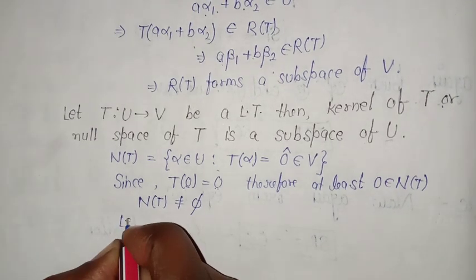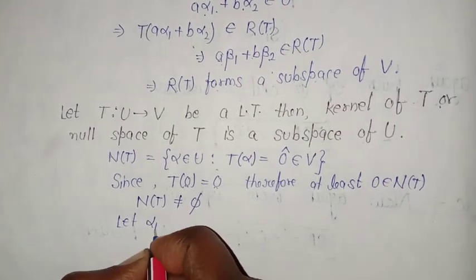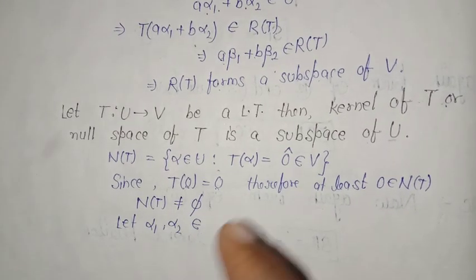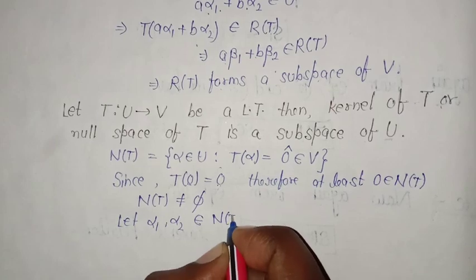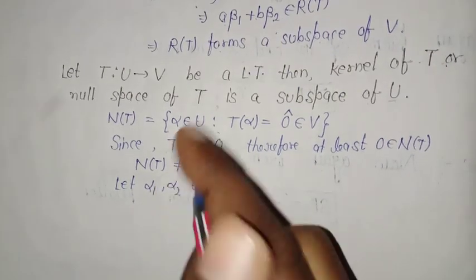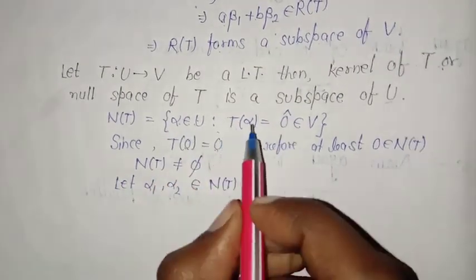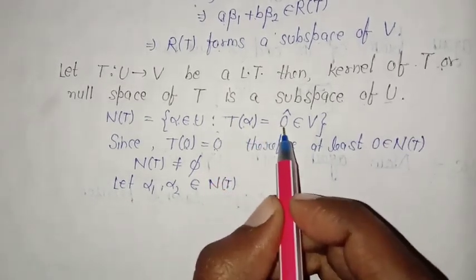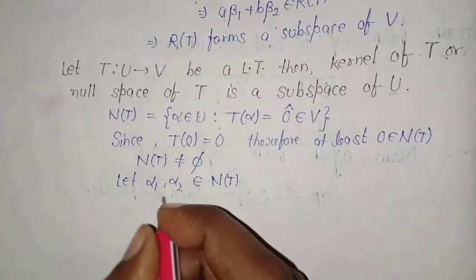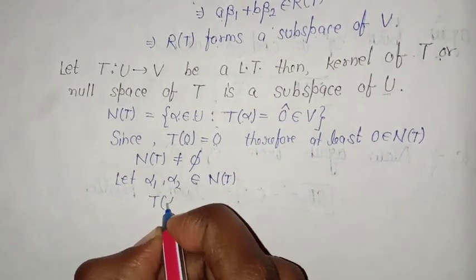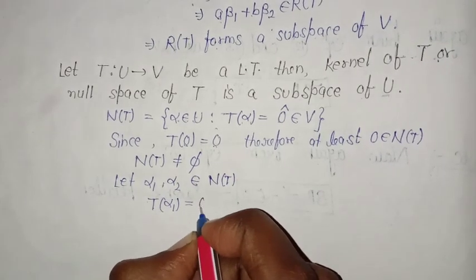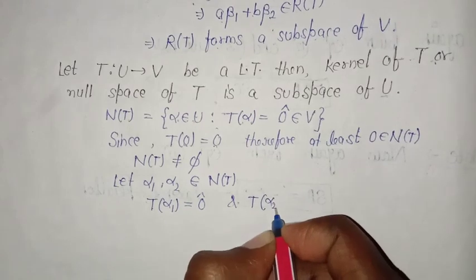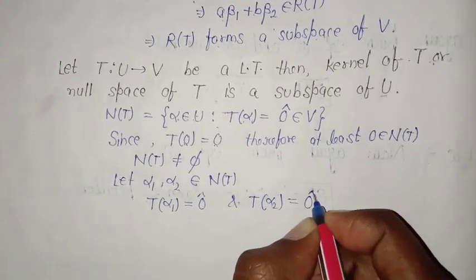Now if this set is non-empty, there must be some elements. So let alpha 1 and alpha 2 be two elements of the null space of T. If they are elements of the null space of T, then the image of these elements under the transformation T must be the 0 vector of the vector space V. From here we can say that T of alpha 1 equals 0 vector and T of alpha 2 is also equal to 0 vector.